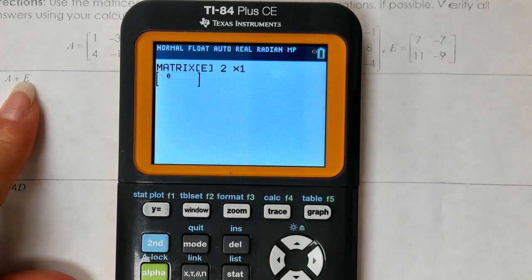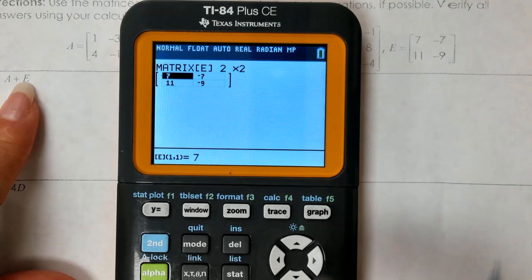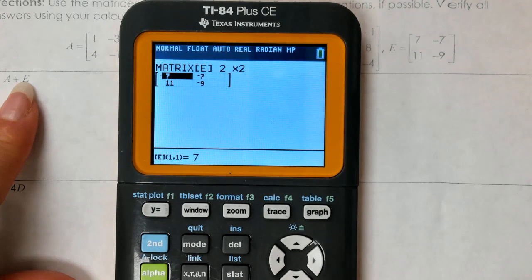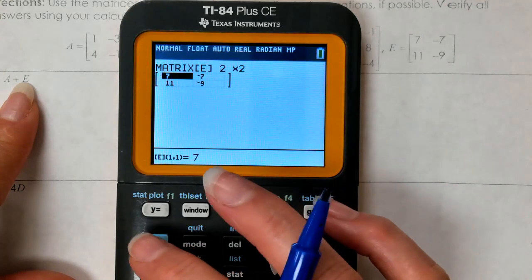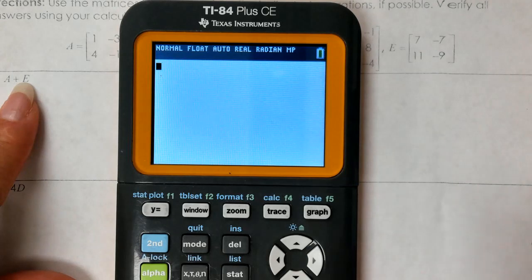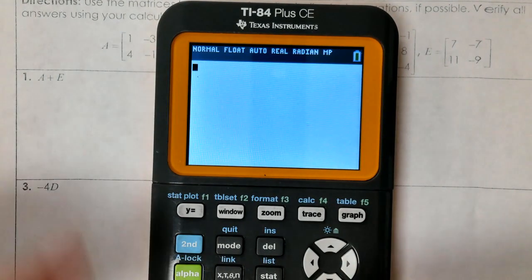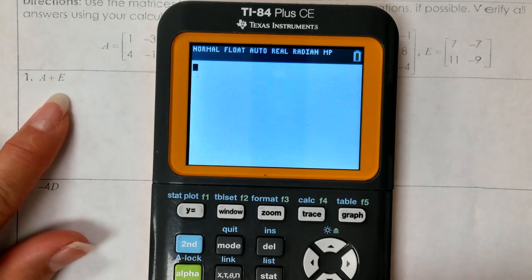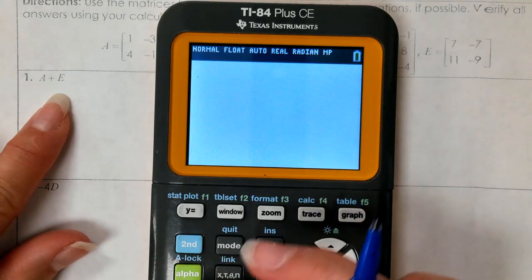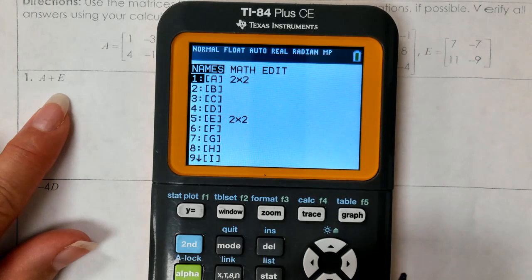It is also a 2 by 2, so I typed 2 by 2. I'm going to enter the numbers now. Okay. And now that I am totally satisfied, I've typed everything, even my negatives, I'm going to second quit just to change pages. Now I'm going to call up by name A plus E. So I'm going to go second matrix.